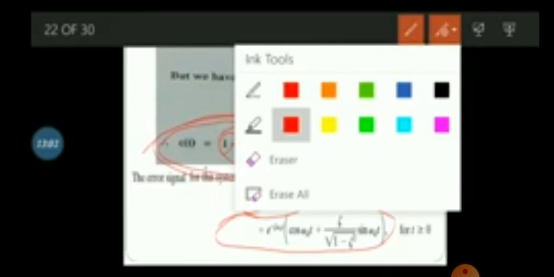Finally you will get E of t, which equals e raised to minus zeta omega n t times cos omega d t plus zeta divided by square root of 1 minus zeta square times sin omega d t, because the 1 gets cancelled. This is the error signal you will get.